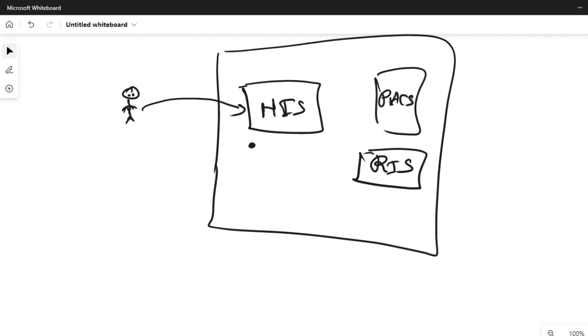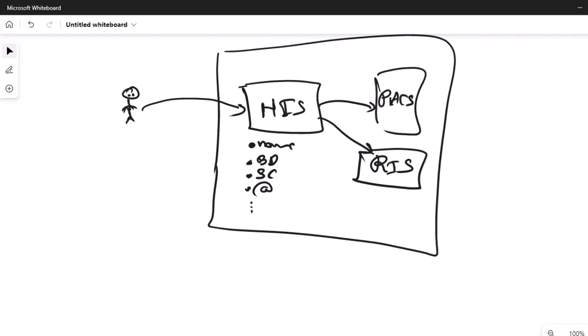I'm talking about information like his name, his birth date, his social security, his address, any other regular information that could be registered here. Okay, and now the patient is registered. The HIS will transmit that patient registration message to other systems, to PACS and to the RIS, so that these other systems could be aware of our patient.